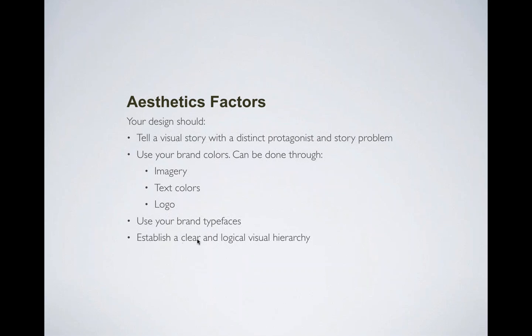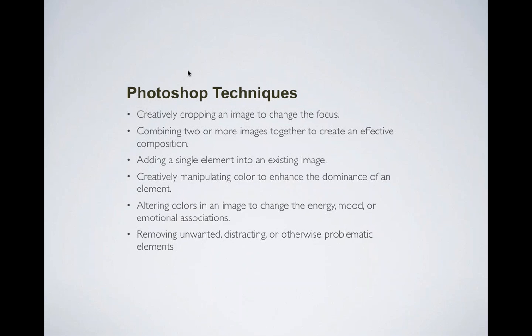I'll be looking for a very deliberate visual hierarchy. So put some thought into that as you're working. And while I'm not requiring any specific Photoshop techniques be used, I am looking for some Photoshopping to be done. So not just text on an existing image, but at the very least, try cropping the image to change the focus.